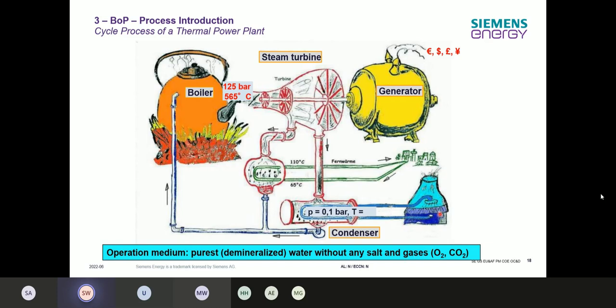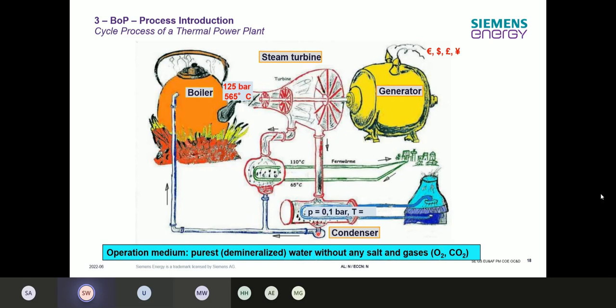On the cooling water side, we normally have some regulations and limitations, depending on whether you're using seawater, river water, or a cooling tower. For the operating medium, of course, we use the purest, demineralized water without any salt and gases in it.